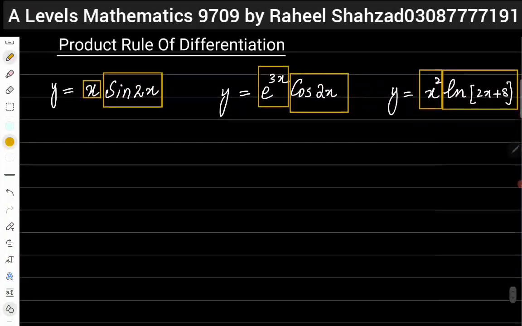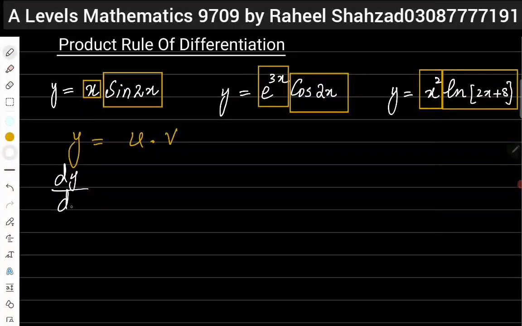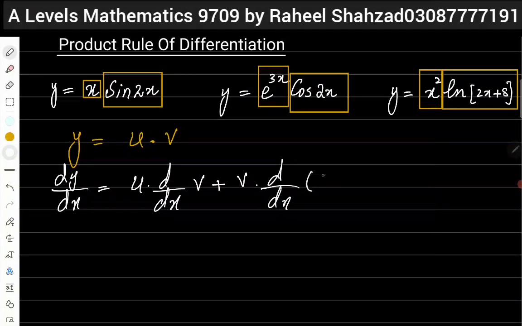For example, if we say y equals u times v, u is representing your first function and v is representing your second function. The product rule says the derivative is the first function as it is times the derivative of the second, plus the second as it is times the derivative of the first.